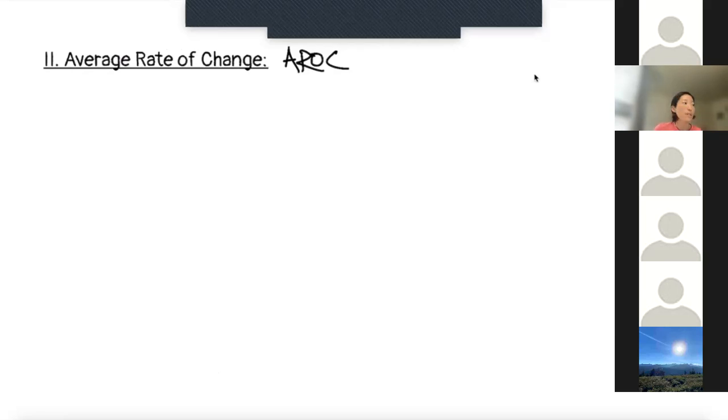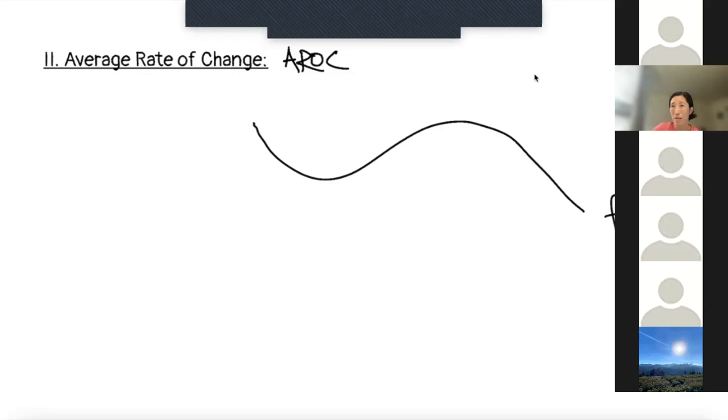Now, I'm just going to draw a general function. For any general function, it doesn't matter what it looks like, but what would an average rate of change look like for that function? Let's call this f of x.